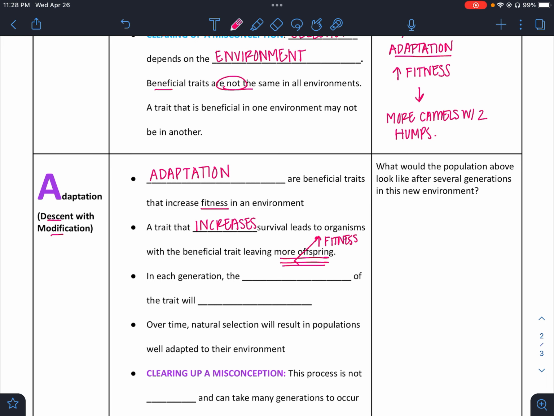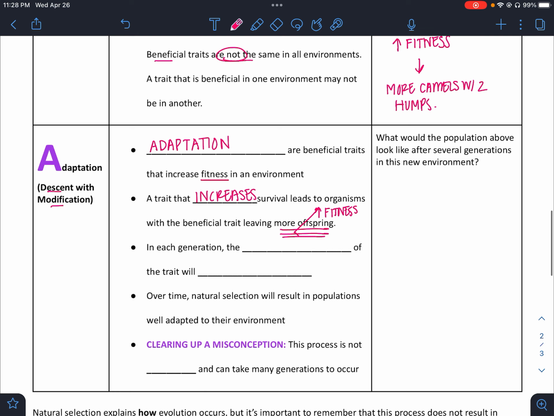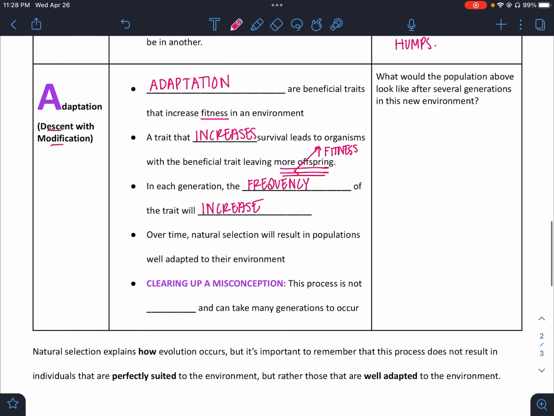In each generation, what we expect is to see the frequency, or how common that trait is. Okay, so the frequency of the trait should increase. Over time, natural selection will result in populations that are well adapted to the environment.